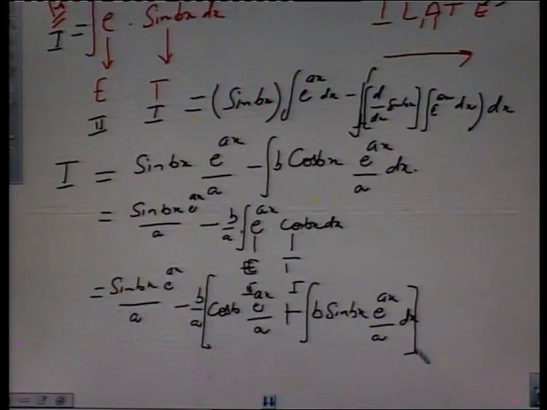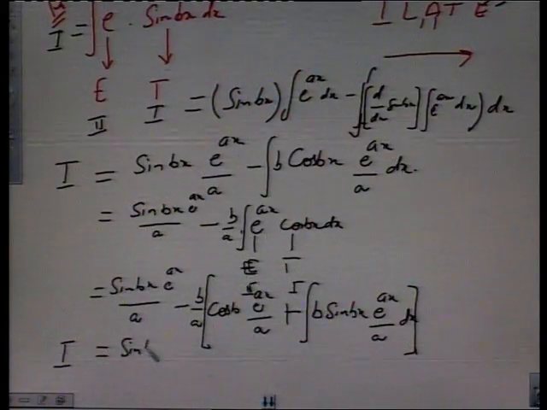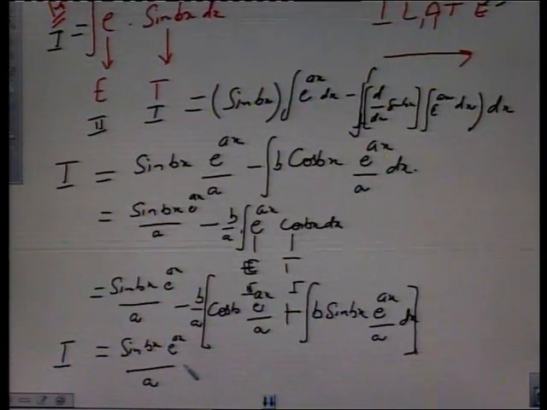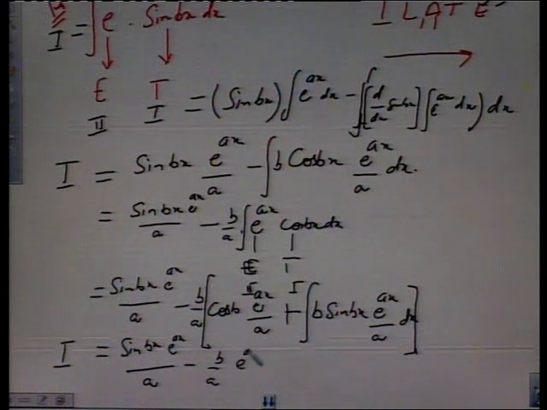Next, now if you solve this bracket, you will come to know that I becomes sin bx e raised to power ax upon a minus b upon a e raised to power ax.